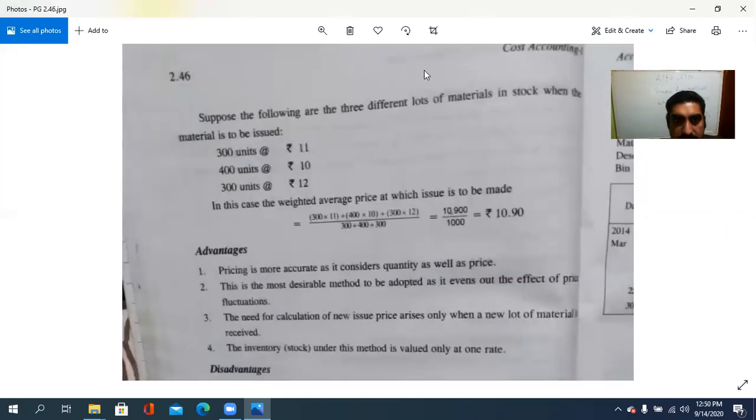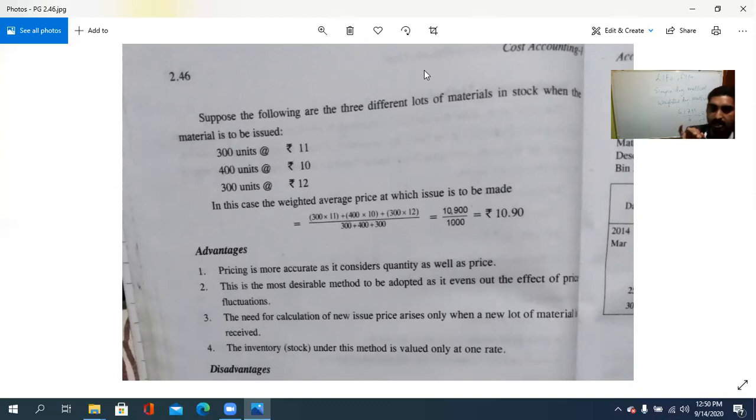So weighted average price is equal to total cost of material divided by total units in stock. For example, suppose the following are the three different lots of materials in stock when the material is to be issued: 300 units at rupees 11, 400 units at rupees 10, 300 units at rupees 12. So 300 into 11 plus 400 into 10 plus 300 into 12, divided by the quantity, 300 units plus 400 units plus 300 units.